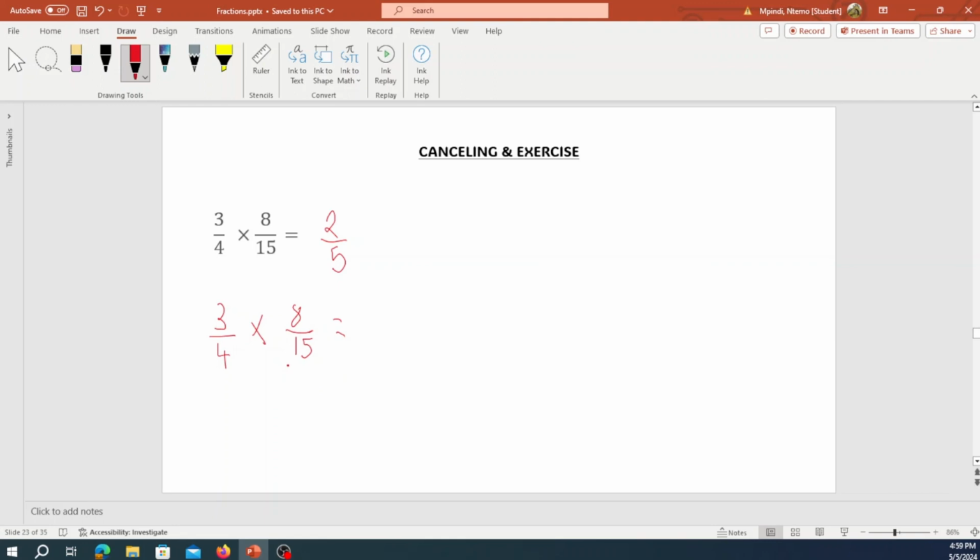Okay? You see this one divided by this 3. So what I have done, this divided by 3 gives me 5. Okay? Sorry. It gives me 5.